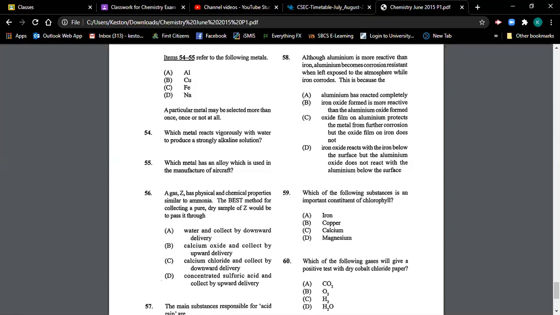I'm unsure. Just send me a picture in the group. Check that out. It has to do with something with calcium oxide. Yep, B, calcium oxide, collect by upward delivery.